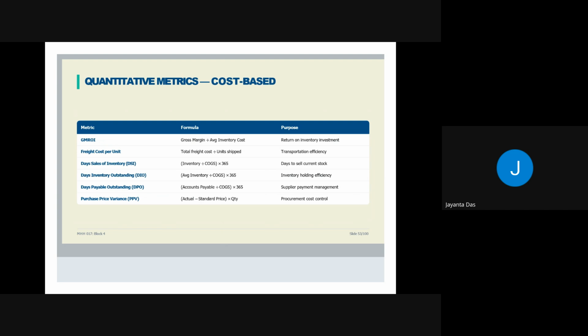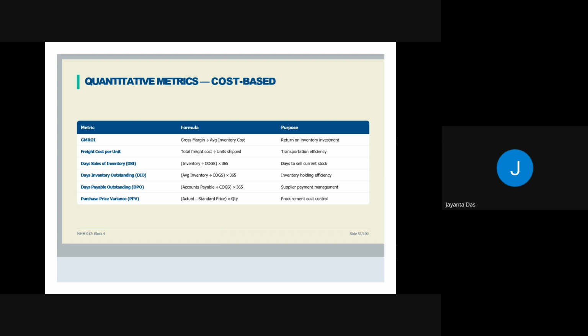Quantitative measures are gross margin and average inventory cost, and the purpose is return on inventory investments, freight cost per unit, days of supply inventories, days inventory outstanding, days perishable outstanding, purchase price variance.